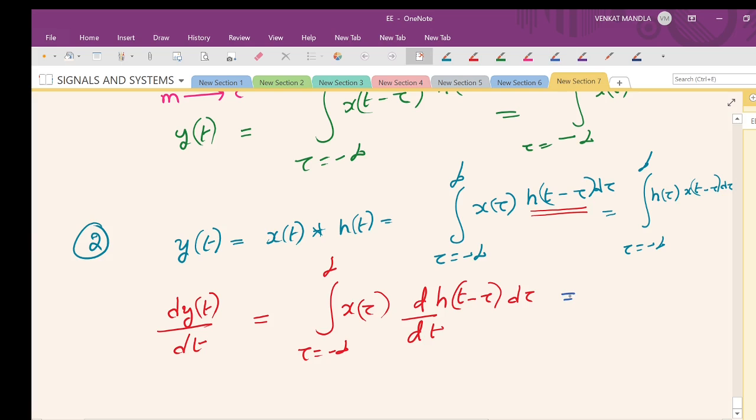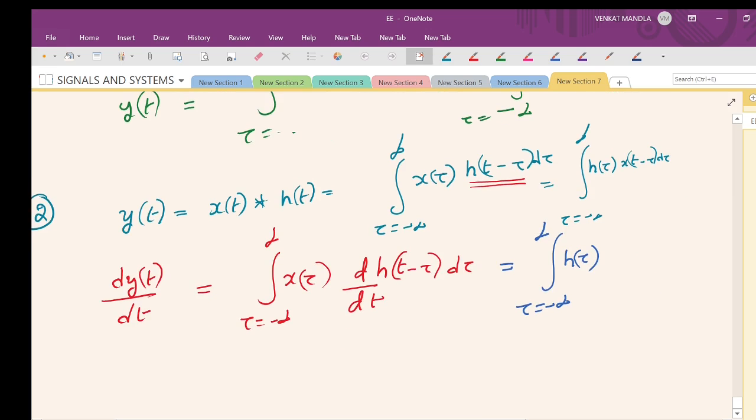And this is equal to the integral from tau equals minus infinity to plus infinity of h of tau. Here the function is x of t minus tau. Here x is a function of time t, so I can differentiate d by dt of x of t minus tau into d tau, right?